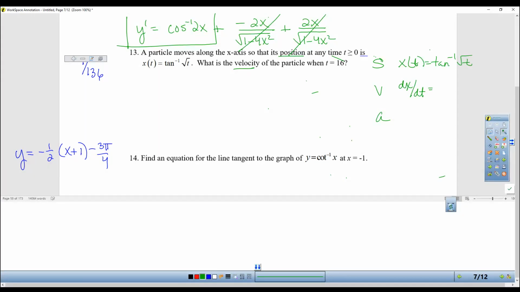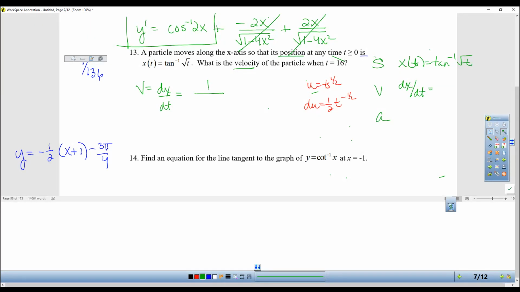So velocity is dx/dt, which is going to be 1 over, actually I'm going to stop and do my u. You know, I'm a big believer in that. u is t to the 1/2. du is equal to 1/2 t to the negative 1/2. Helps to have that in advance.